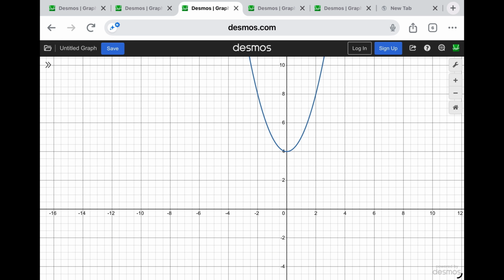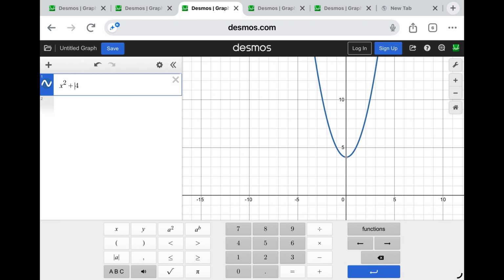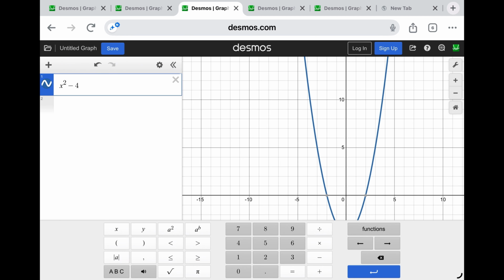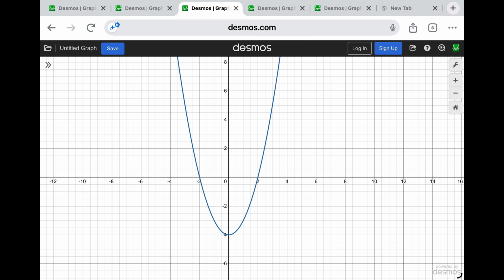This one has no real solution. It does not cut the x-axis. How about x squared minus 4? Look at this one. This one cuts the x-axis at -2 and +2. So this one has two real solutions.